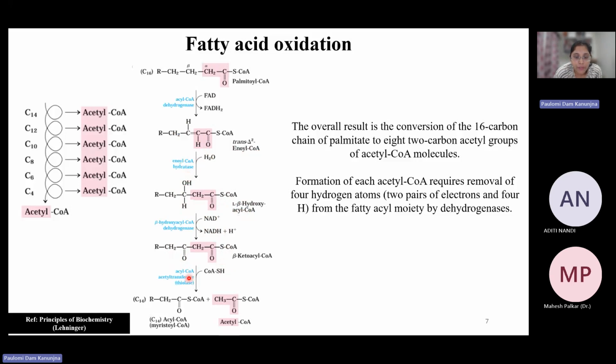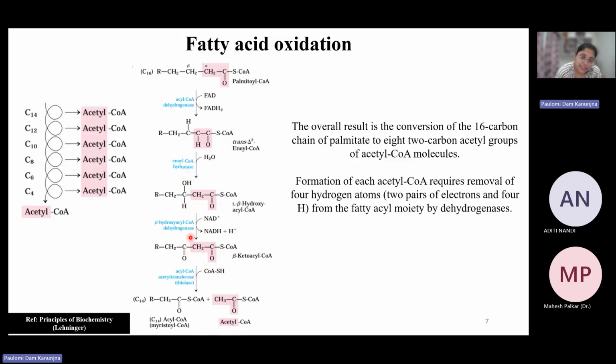Now you have acyl coenzyme A acetyltransferase. What it does is basically transfer your acetyl group. So you have a coenzyme A here. This addition of coenzyme A goes to this carbon here, and this part is broken.